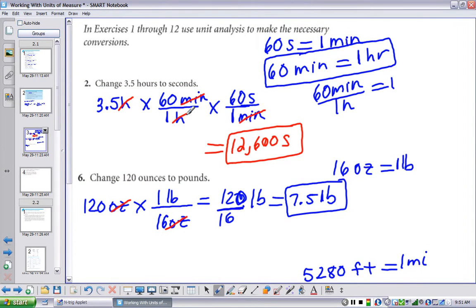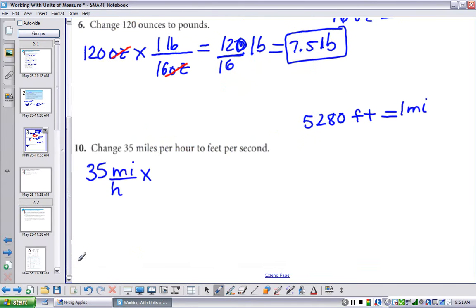So in order to go from hours to minutes and then to seconds, we really multiply 60 by 60. So 60 times 60 is 3,600. So there are 3,600 seconds in 1 hour.